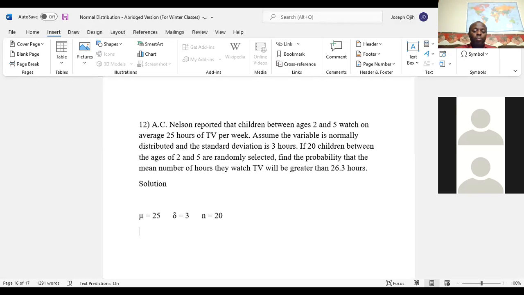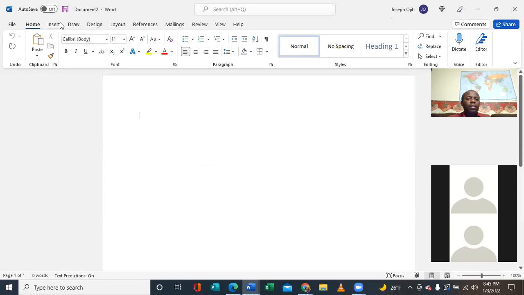We go to our other workbook to get the sample mean symbol. I didn't see the other workbook, so let me open another Word document and share it. Show all windows, then insert equation.